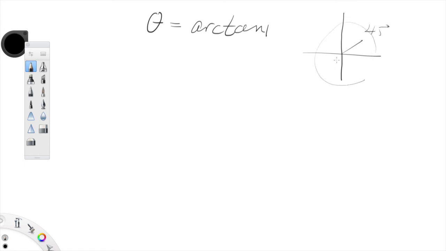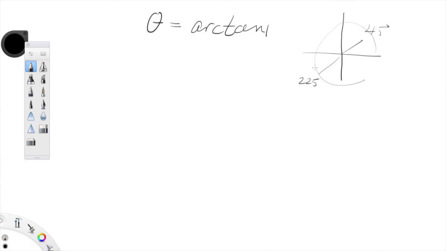Let's say theta equals arctangent of 1. Here you just think about what radian measure will give back a value of 1. If you remember the unit circle, those values would be either 45 degrees or 225 degrees.